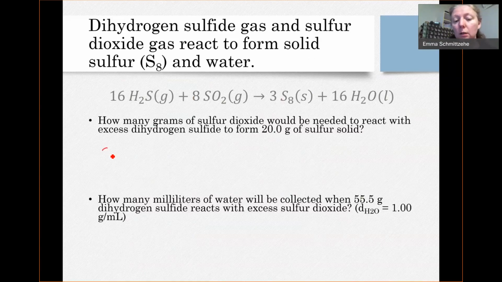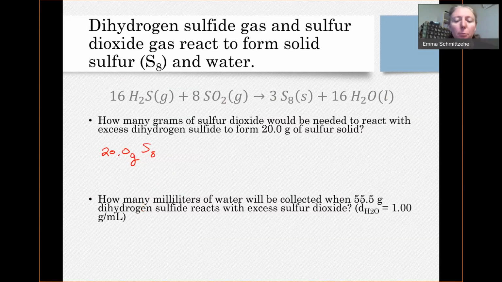So 20.0 grams of solid sulfur, okay, which is S8, right? And so we have that to start with, and we want to know how many grams of sulfur dioxide is needed, okay? They also say that there's excess of that H2S, okay?